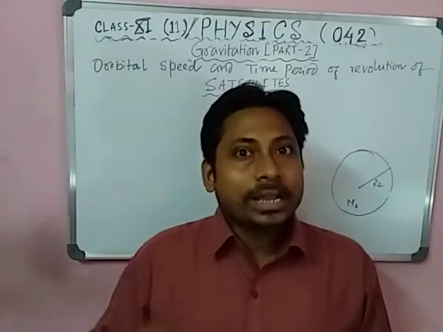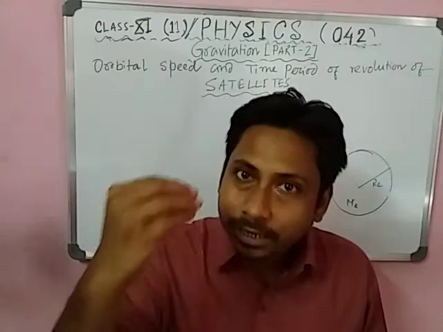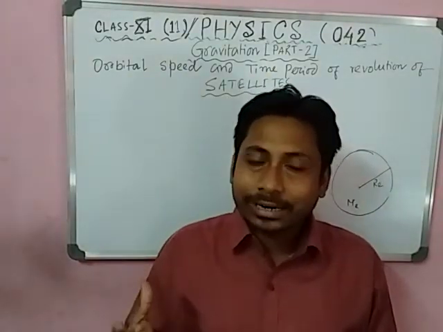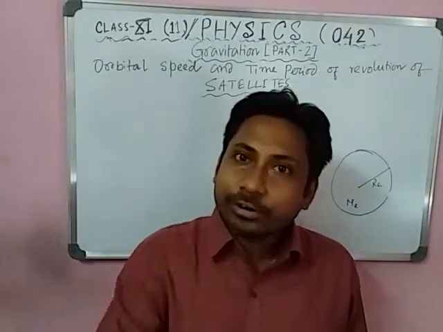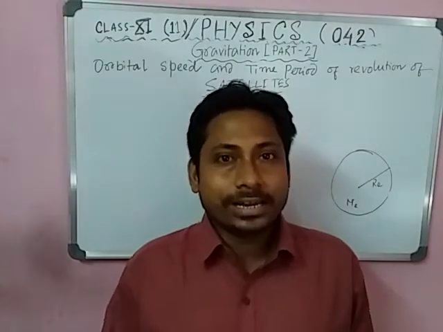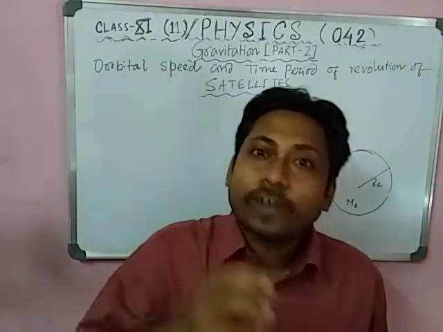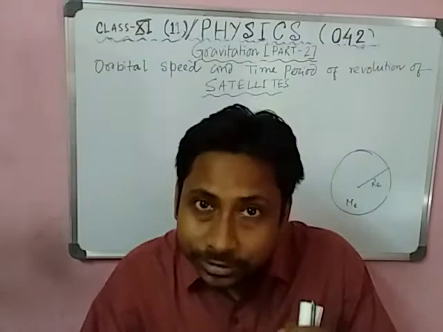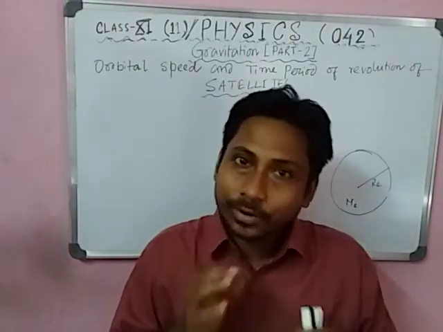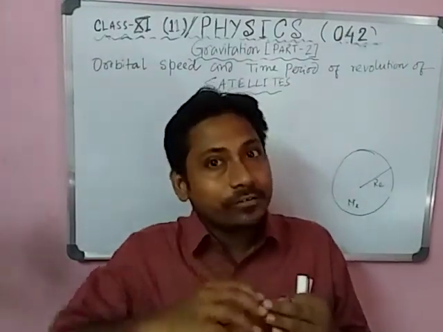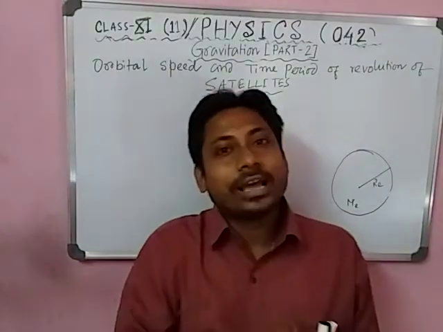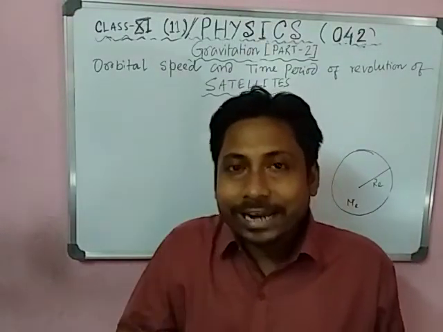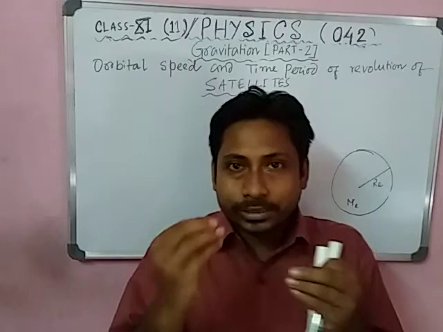Students, you know the planets revolve round the sun, like Earth is a planet, it revolves around the sun. Similarly, the moon is a satellite of Earth and the moon revolves round the Earth.